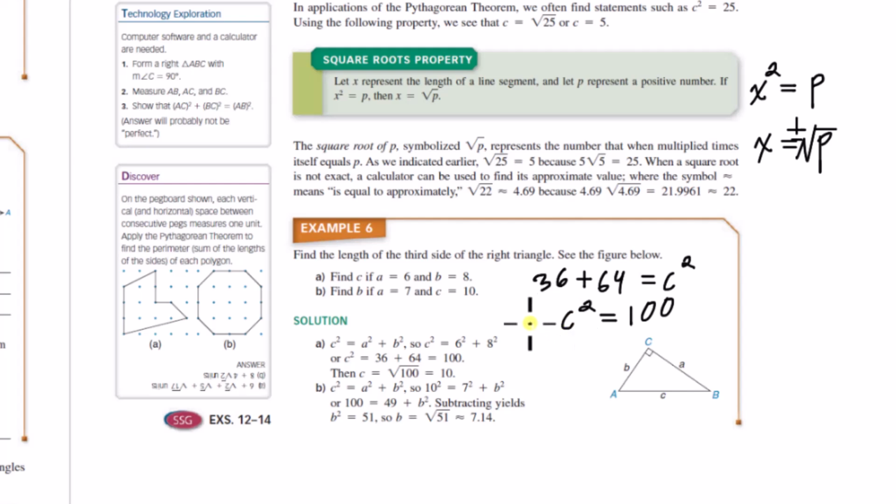So we're saying what number when squared is equal to 100? Well, that's the principal square root of 100, which is 10. Now, in algebra, we would technically put a plus or minus here, and the answer would be plus or minus 10, but we don't need the minus 10. It's a side length, so we just put the positive 10.